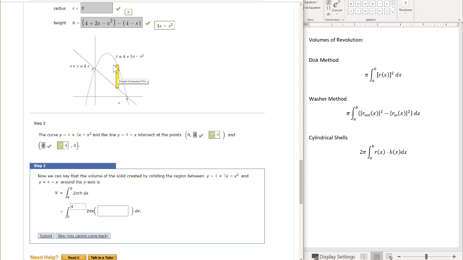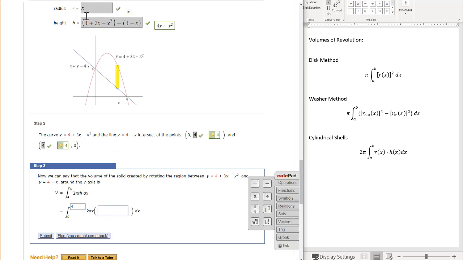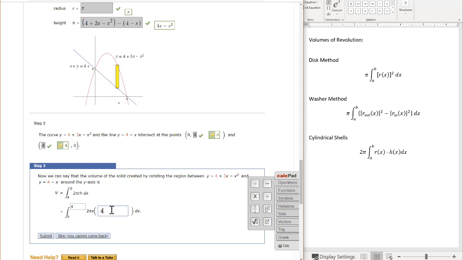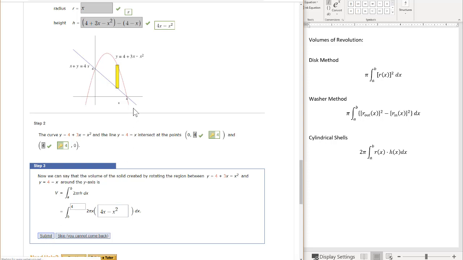We're taking a look at the surface area of the cylinder, which is 2 pi r times h. And so we got 2 pi, r was equal to x, and h was the difference between the two functions, which simplifies to 4x minus x squared. So let's use 4x minus x squared, since it's going to be a lot easier to integrate.